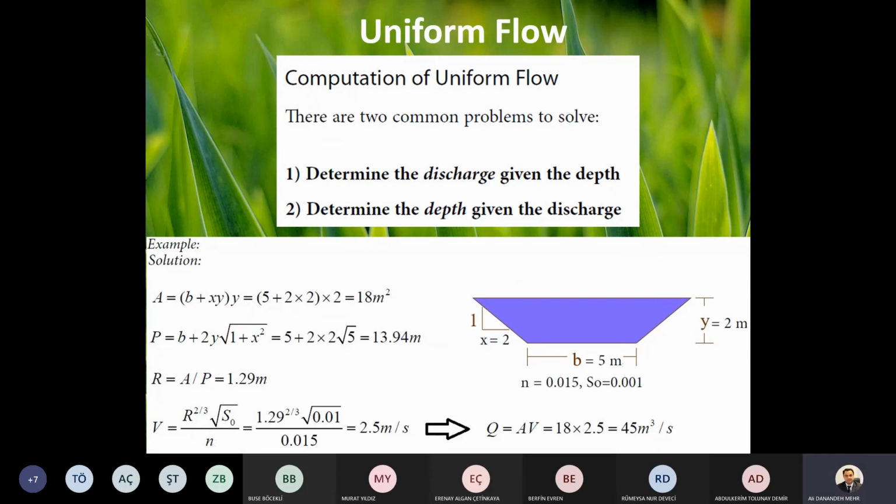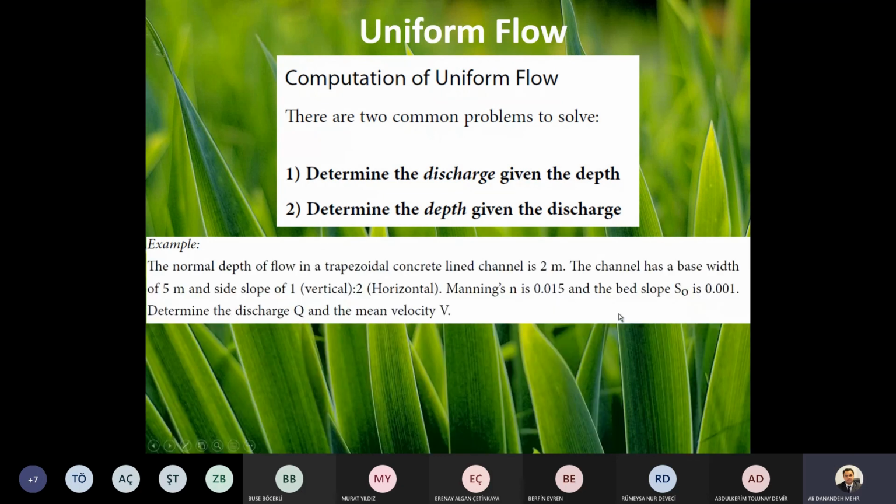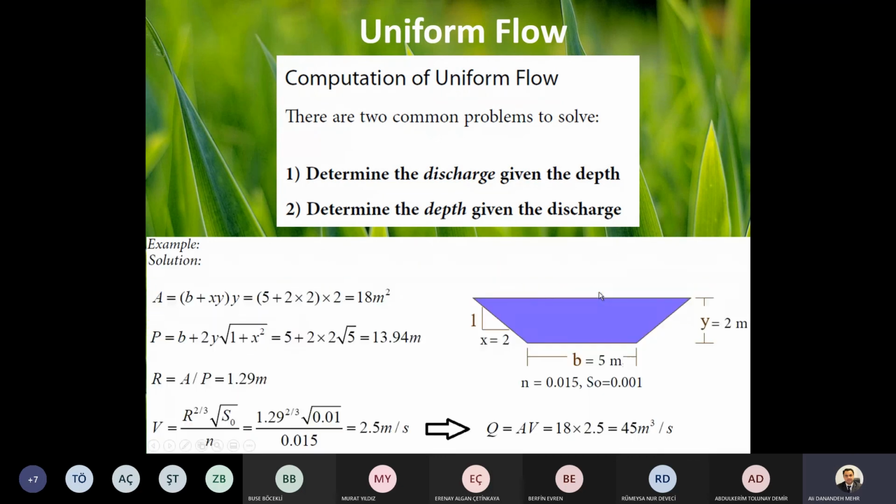My suggestion to you, when you solve a problem in hydraulics engineering and you see a question without any figure, first draw your cross section based on the given information. Trapezoidal bed given, y0 given, channel side slope is given. The other given information is S0 and n.